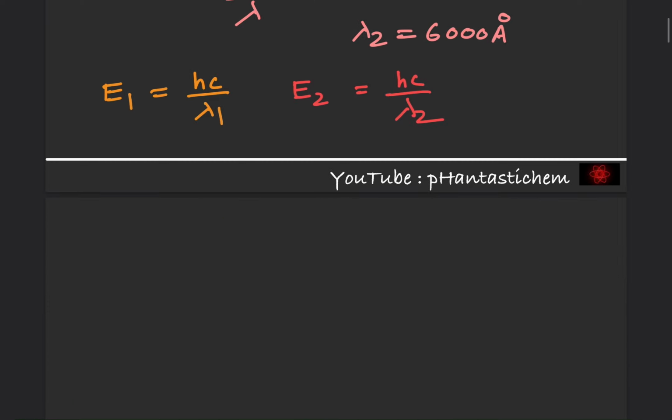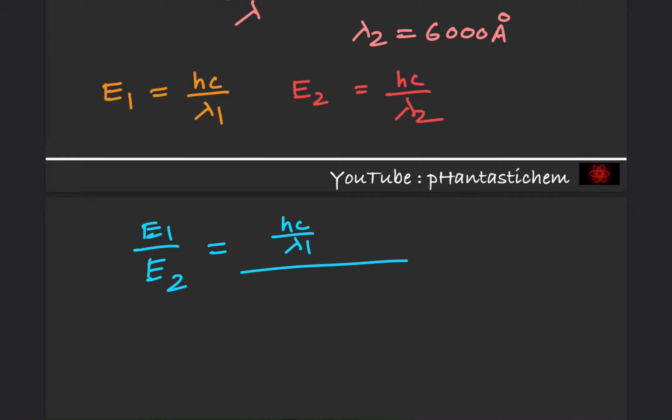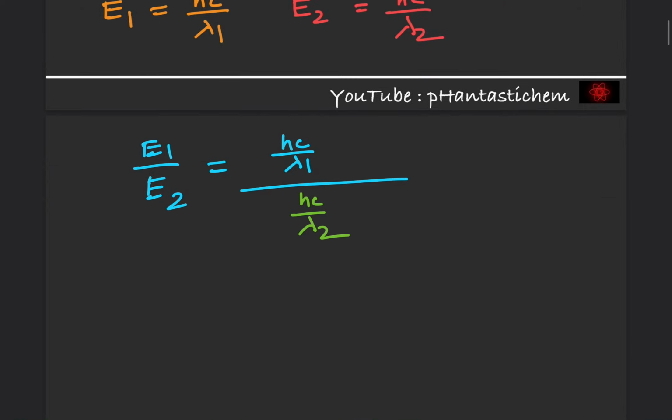So therefore their ratio, that is E1 by E2, that is ratio of energies of these two radiations, is going to be hc by lambda 1 divided by hc by lambda 2, okay, which I can write as hc by lambda 1 into lambda 2 by hc.